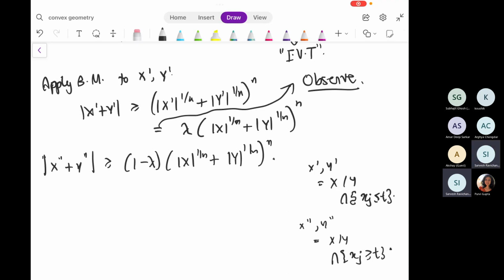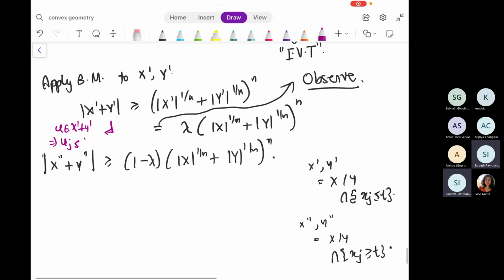So now what happens in the sets x prime plus y prime and x double prime plus y double prime? Look at the jth coordinates. If some u belongs to x prime plus y prime, then uj has to be less than or equal to 2t, because that's what the definition tells you.